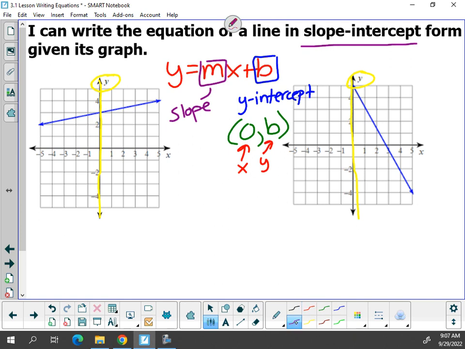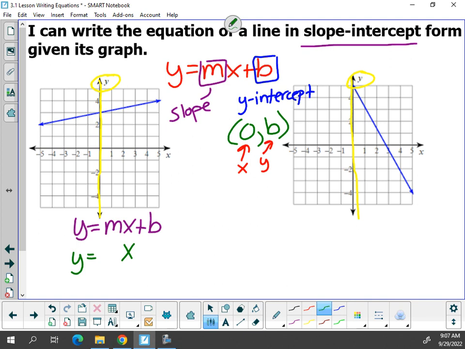So if we want to write an equation in slope-intercept form, and we have the graph, we can just go find the slope and we can find the intercept and we plug them in. So I would always start every time by writing y equals mx plus b. And then I can rewrite it with just y and x. And now I need to just find the values for m and b and plug them in.